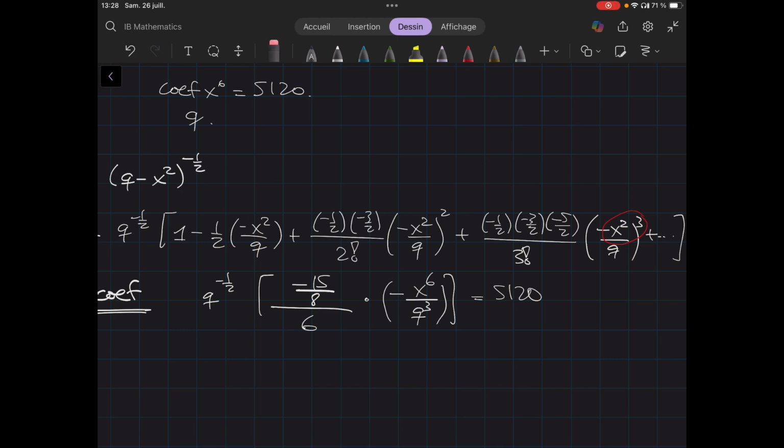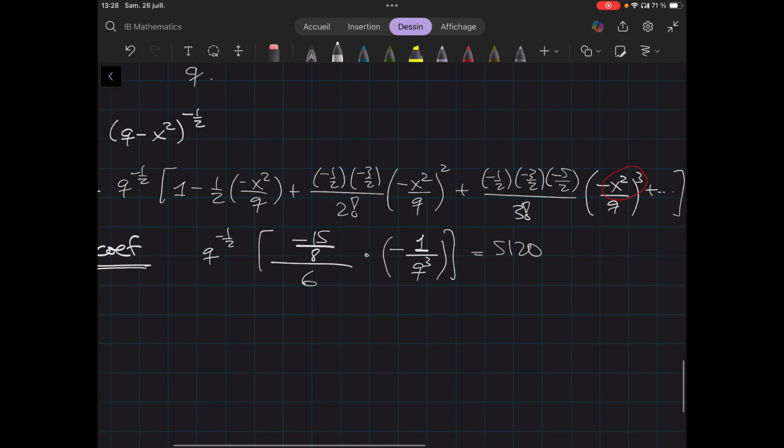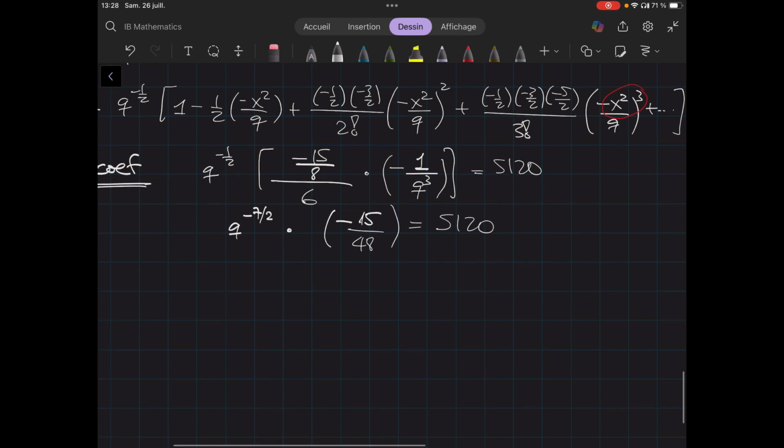Since we're only looking at the coefficient, we don't even have that x to the 6th over there. We only have 1. Therefore, Q to the negative 7 by 2 times negative 15 divided by 48 is equal to 5120. Sorry, that should be a positive.